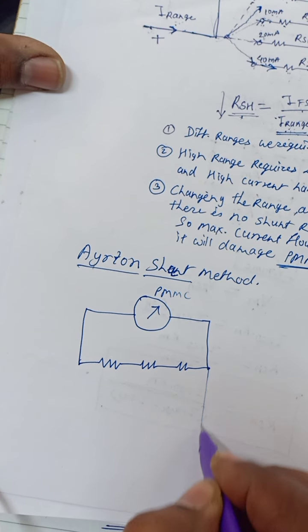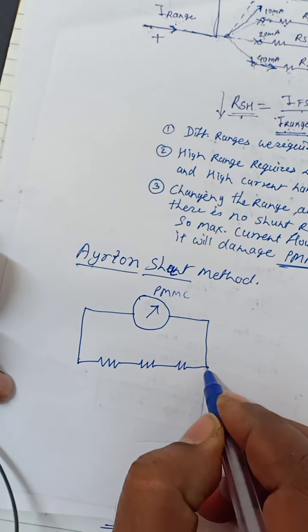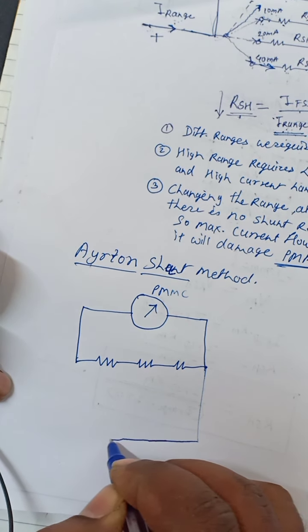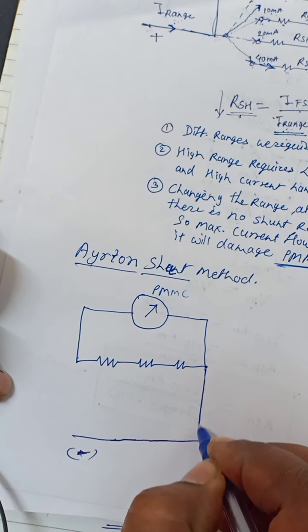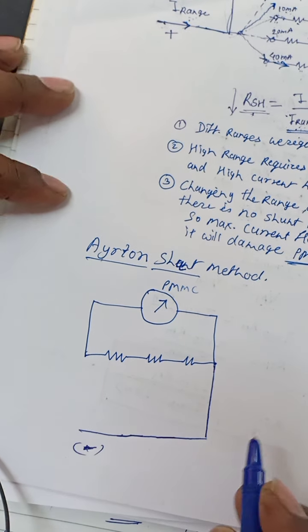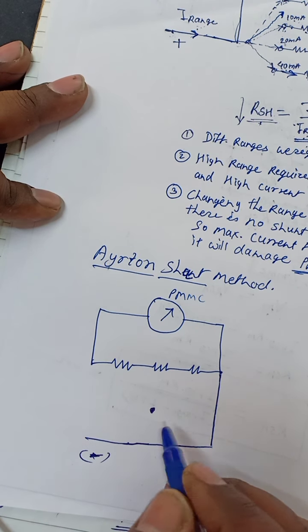Now this is the negative terminal of the meter, and there is the selector now.